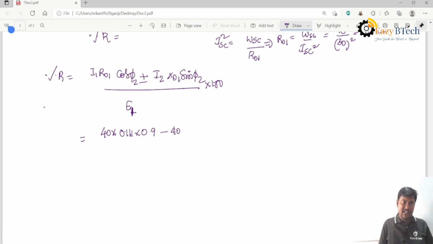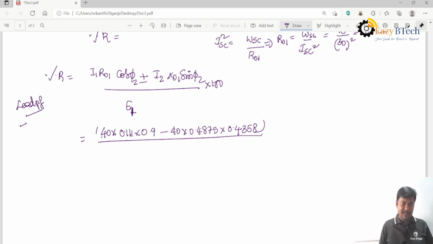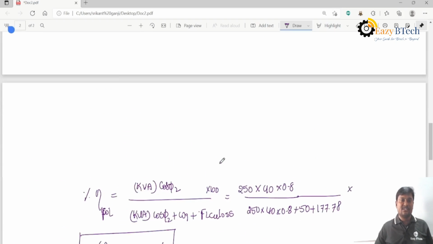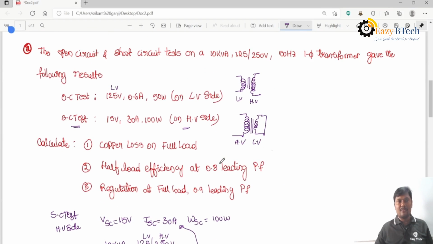He is asking at a leading power factor, so for a leading power factor you should take minus. 40 into 0.4875 into 0.4358 divided by 250 into 100. So finally I got minus 1.8015 percentage. So the percentage regulation at full load is minus 1.8015 percentage.